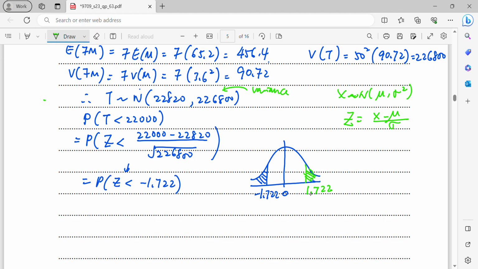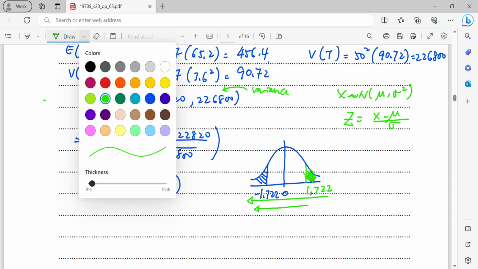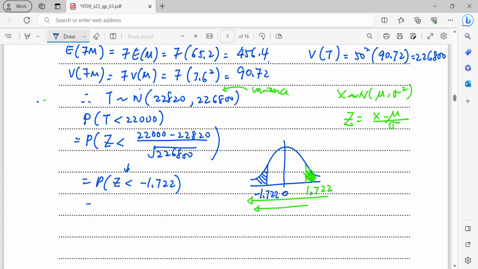In order to get the green region, it will be the total probability, which is 1, minus the probability that z is less than 1.722. Then I will be getting the green region. The green region is actually the same as the blue region, because the probability means the area of the region. So here I will get 1 minus P(z less than 1.722).